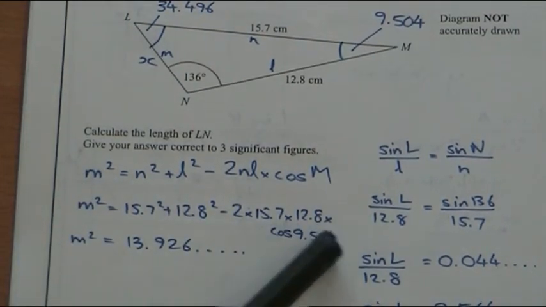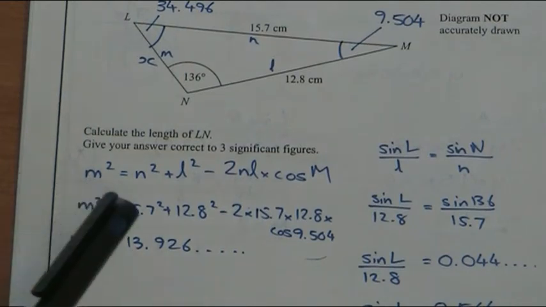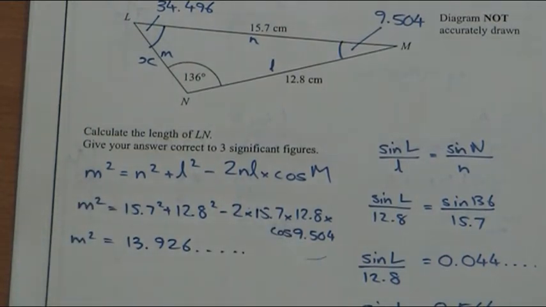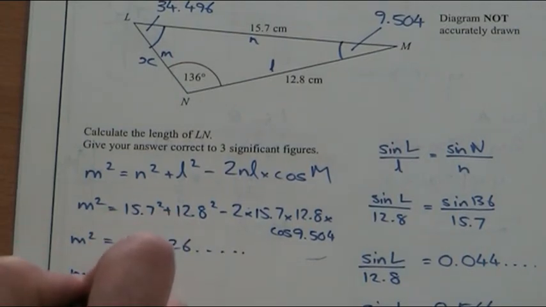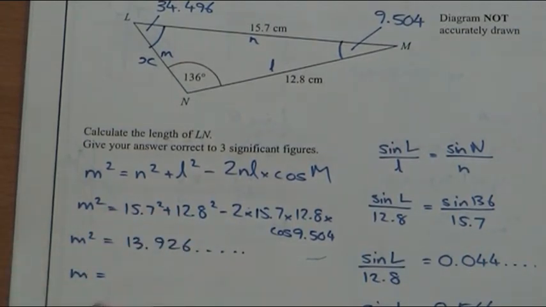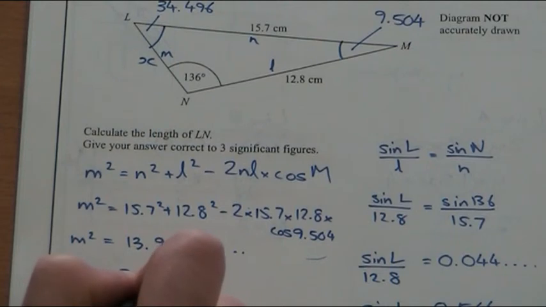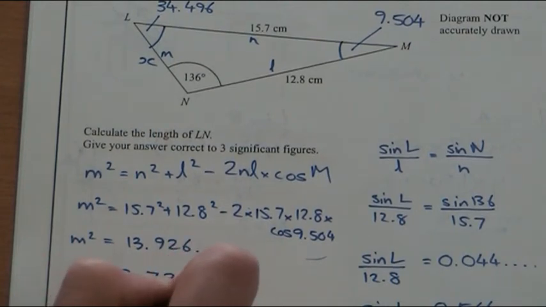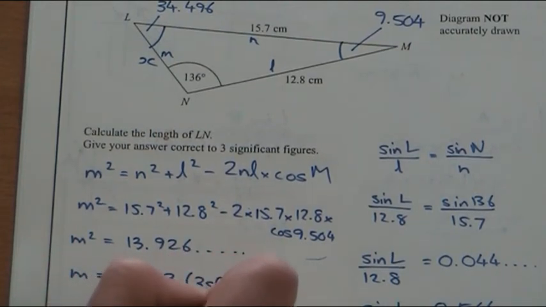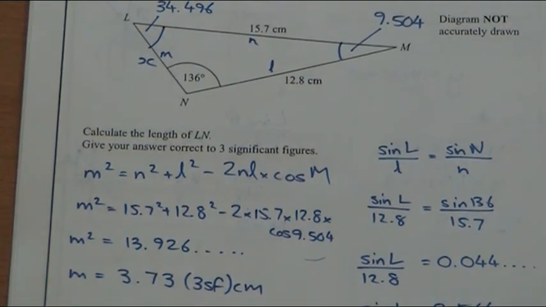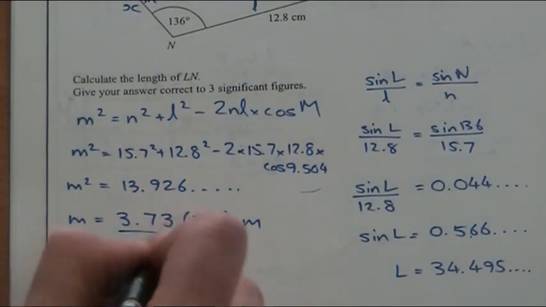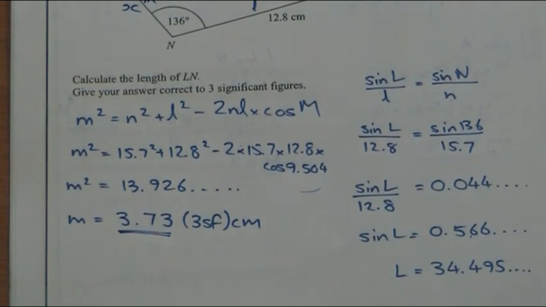Maybe round it, but keep as many decimal places as you can. Definitely don't do it to 1 or 2, so you keep your accuracy. And now if that's m squared, I need to find m, so I'm going to square root my answer, and I get 3.73 to 3 significant figures. 5 marks. Big 5 marks, but that's the difference between an A and an A-star student.